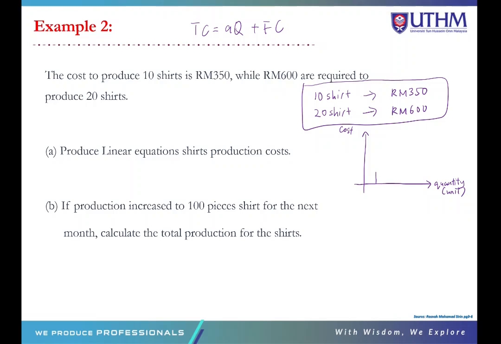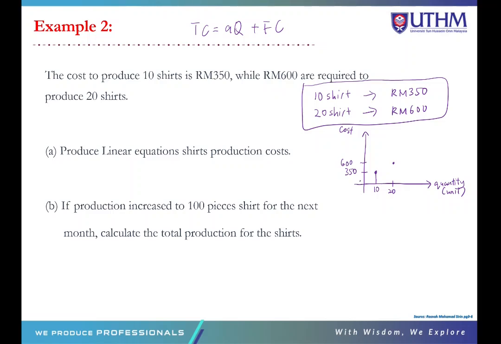For 10 shirts, you need 350. But for 20 shirts, you only need 600 instead of 700.